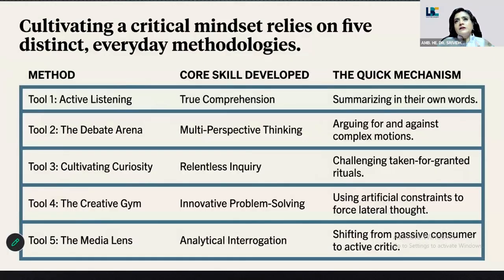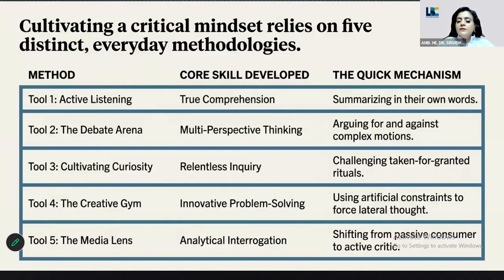So cultivating a critical mindset relies on 5 instincts in everyday methodology. Active listening, very important, and the core skill to be developed is comprehension, and the quick mechanism is summarizing in their own words. Exactly. The second is the debate arena, that is multi-perspective thinking, because in a debate arena, they have to really talk with everyone, they should be able to convince. So arguing for and against complex motions, cultivating curiosity with relentless inquiry, challenging taken-for-granted rituals.